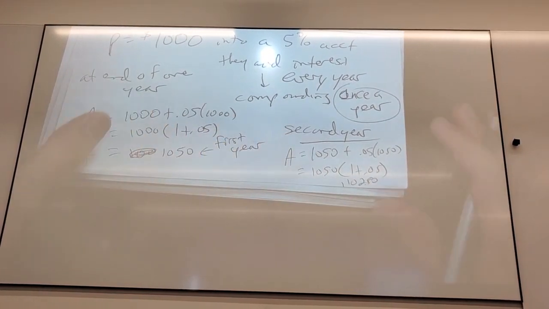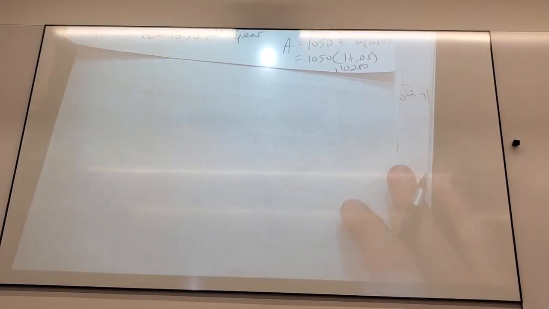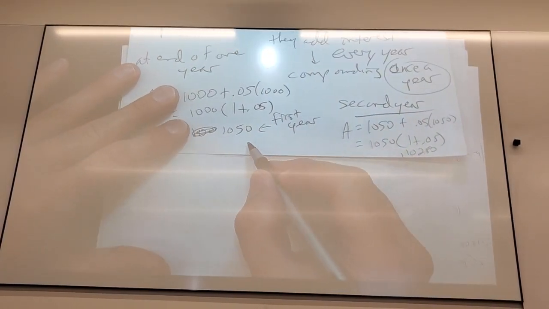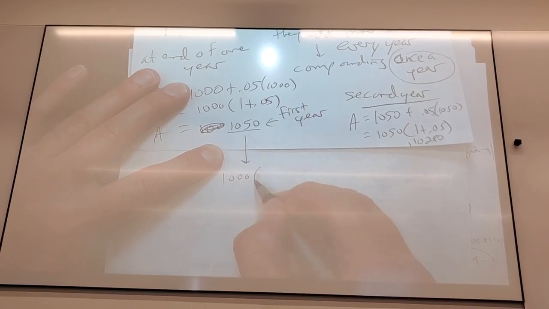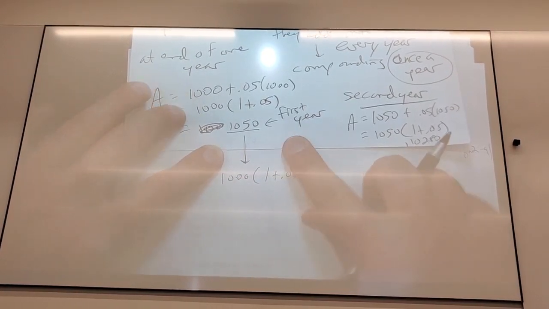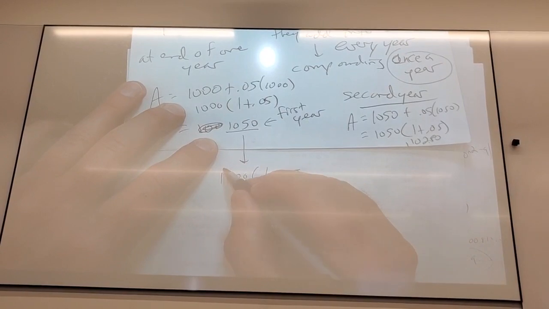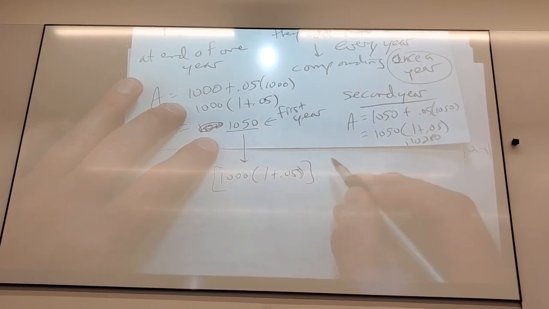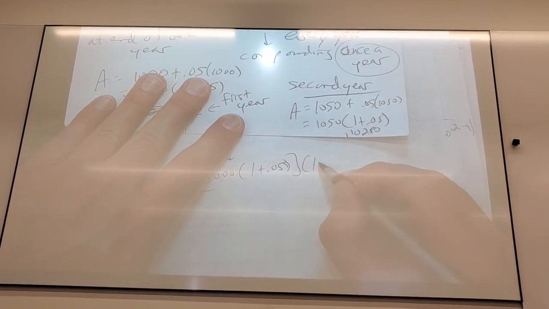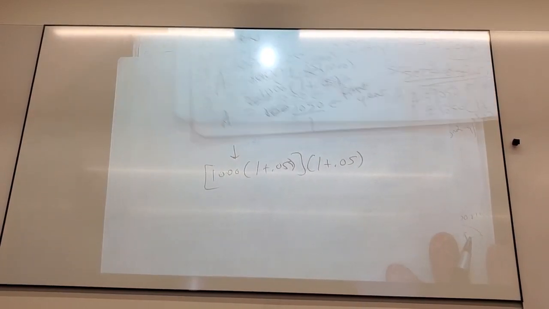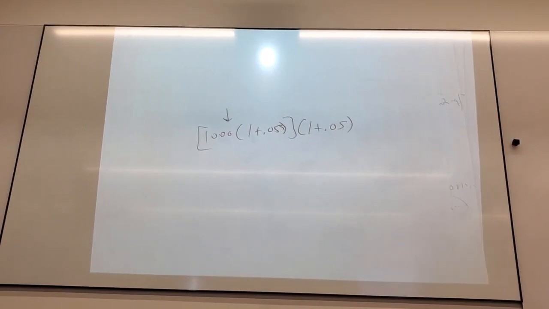I almost don't care about the answer. So real quick, I just want to make this clear. The 1,050, wasn't that 1,000 times 1 plus 0.05? Yes. Okay. And then I took that amount and I multiplied it by 1 plus 0.05 again. Just want to make the equation make a little more sense.